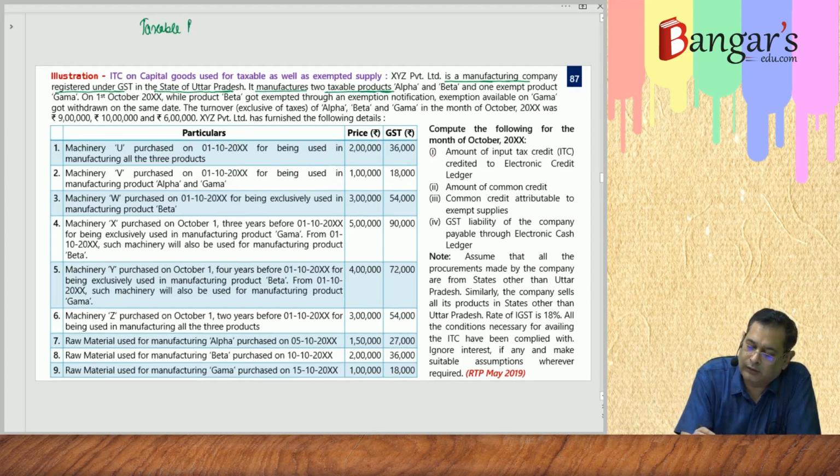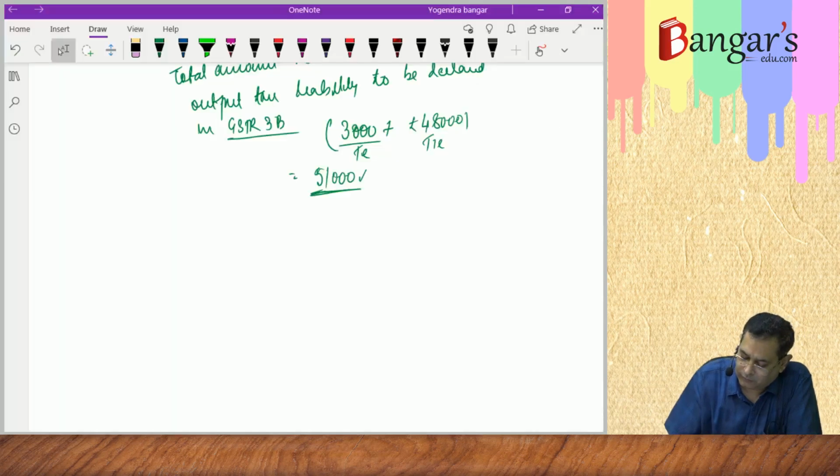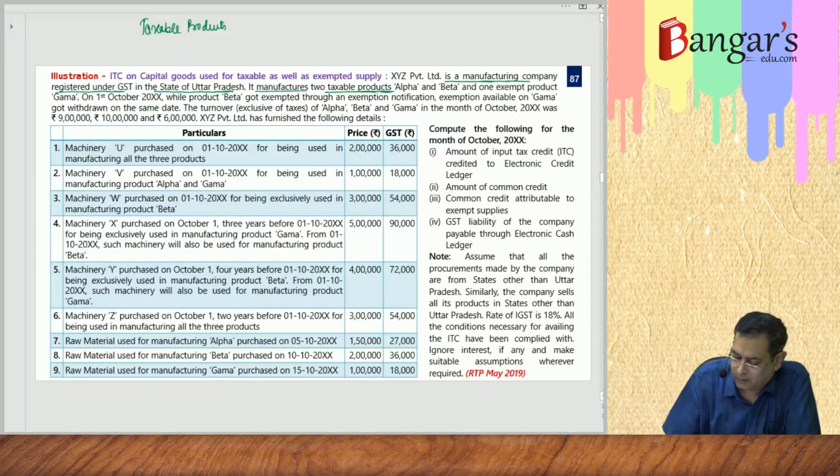Taxable products are, you should write here, it's manufacturing two taxable products. Taxable products are what? One is alpha and one is beta.